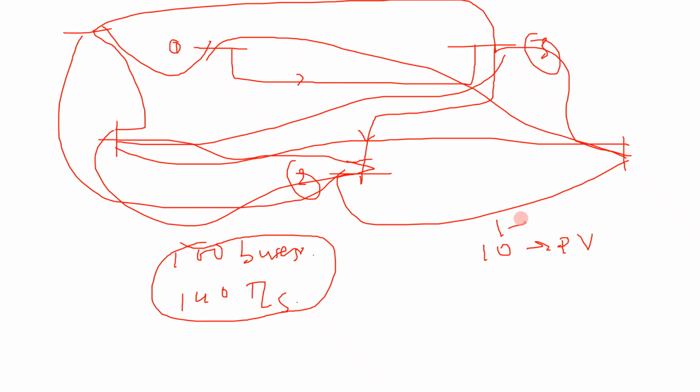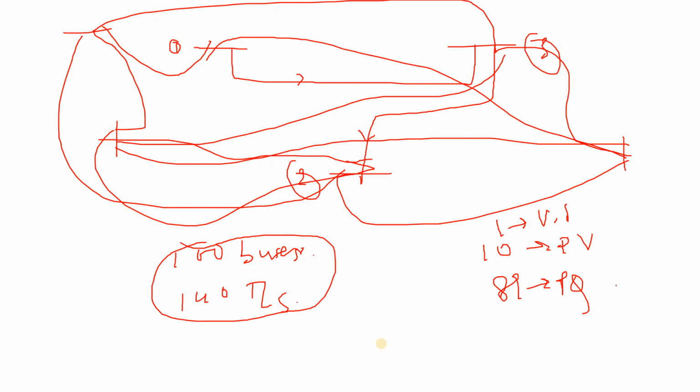Among these 100 bus bars, 10 are PV buses, one is a slack bus, and 89 are PQ buses, the load buses. In PV buses we have an alternator, so you don't have to connect any reactive power device, because alternators can generate reactive power along with active power.